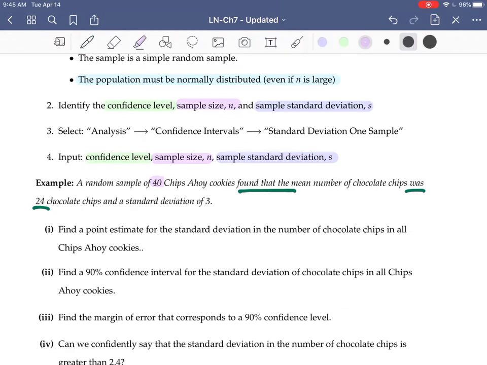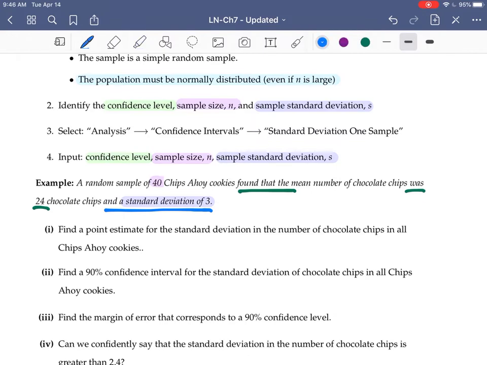That information is not actually important when we are trying to construct a confidence interval for standard deviation or variance. That's just extra information. This sample also had a standard deviation of 3, and that is the sample standard deviation, since it is in the sentence dealing with the sample information.